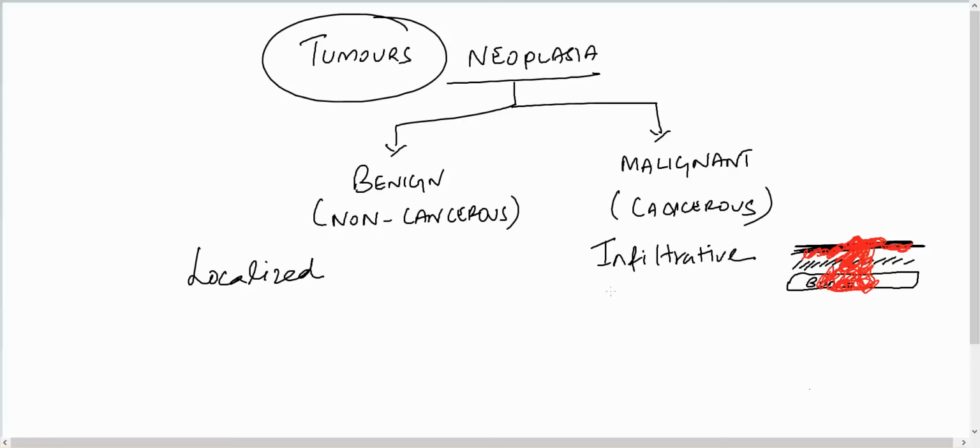So the malignant tumors are infiltrative.